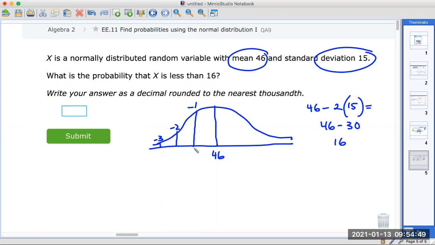Notice I go down 2, right? So this is where I'm ending up. So that one would be 46 minus 15 is 31, and then here. So we want to know what is the probability it's less than 16. So less than 16 will be in this part right here. Yeah, this is the tail that's left, correct?